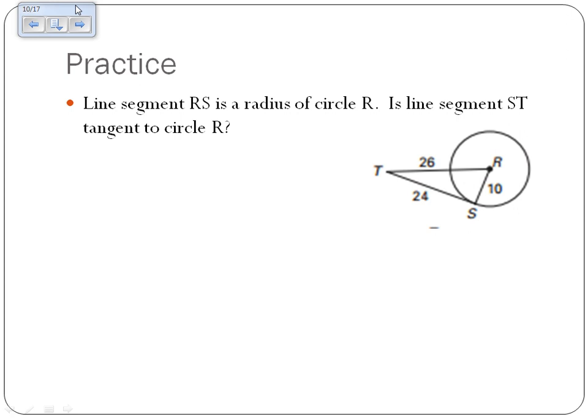Yeah, sure, but we've got to check to make sure, okay? If it is tangent, what kind of angle do I have at S? A right angle. So what I want to know is, is that going to be a right angle? Because if it is a right angle, it is tangent, and if it's not a right angle, it won't be tangent.